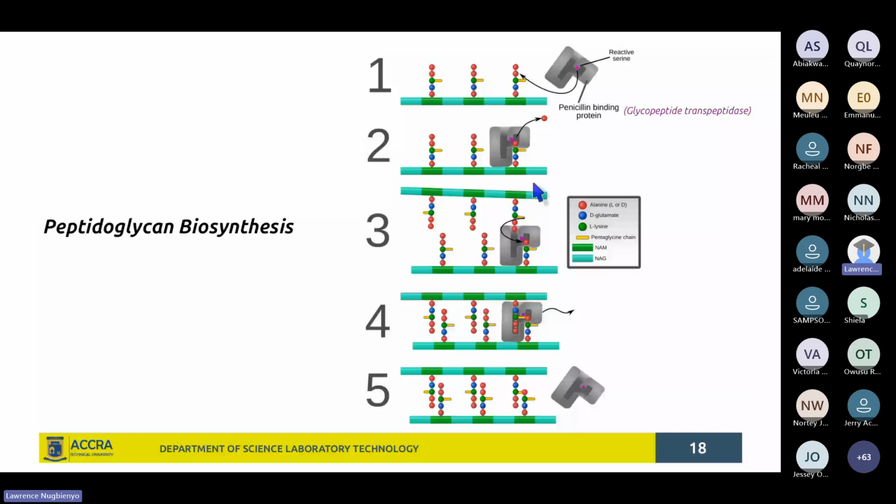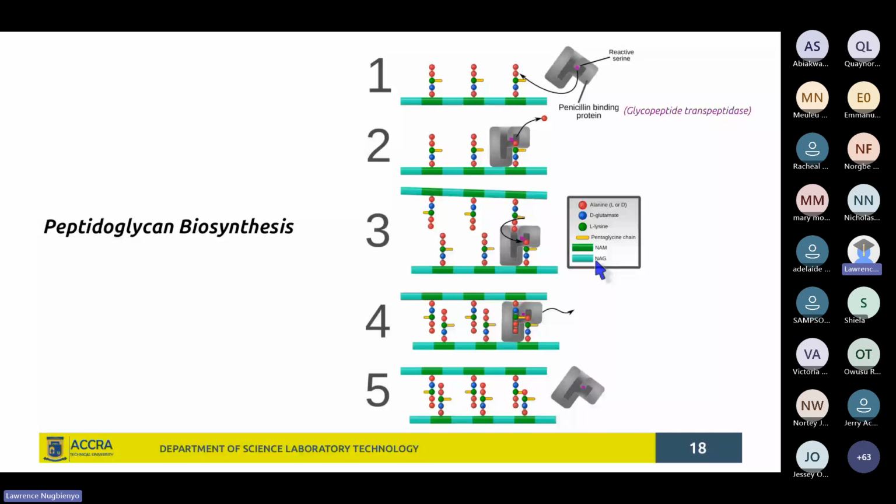You have these tetrapeptides on the N-acetylmuramic acid residue. The N-acetylmuramic residue is also these green portions of the oligosaccharide. And you have the teal color, which is the N-acetylglucosamine.